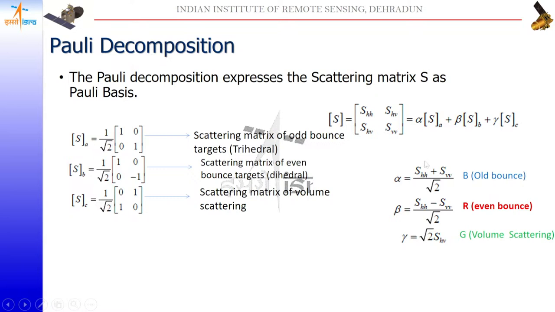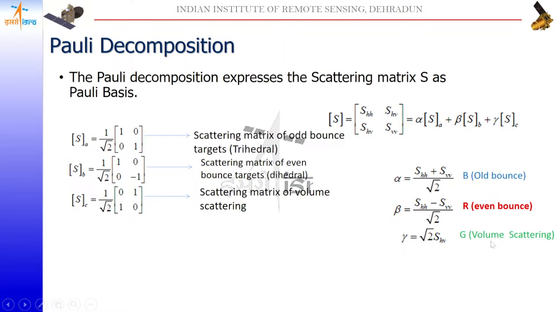Now if we are getting any SAR image, we should have a fully polarimetric SAR. If we have the HH, VV and HV polarization, we can make these 3 coefficients and put them in the RGB scale. We will put R for the even bounce, B for the odd bounce, and green for the volume scattering.